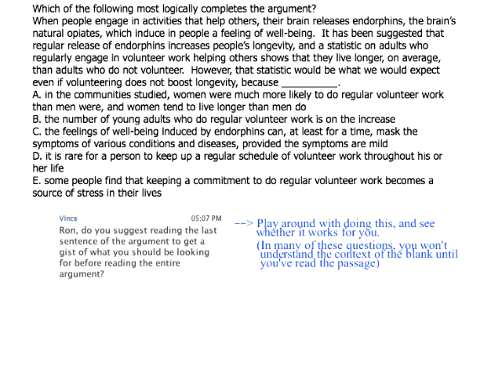So what's going on here is the statistic we're trying to explain is that volunteers live longer than non-volunteers. That's the statistic. But then it says it's what we would expect anyway. So you know what we need here, right? It's why we would expect this thing.